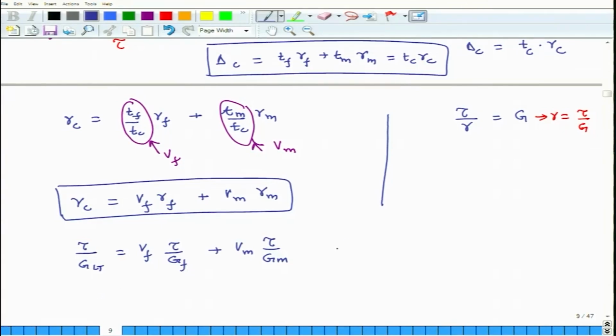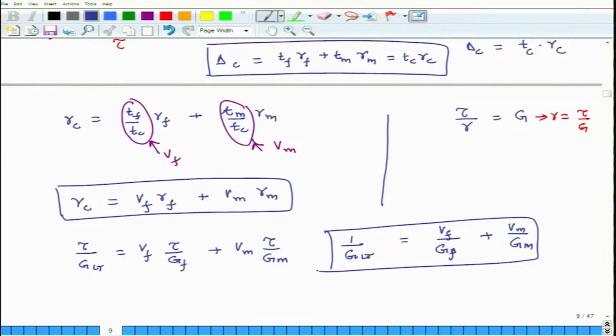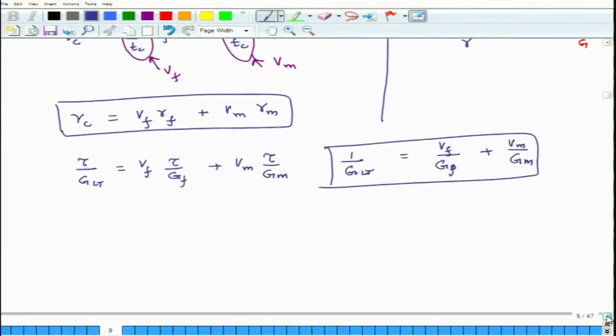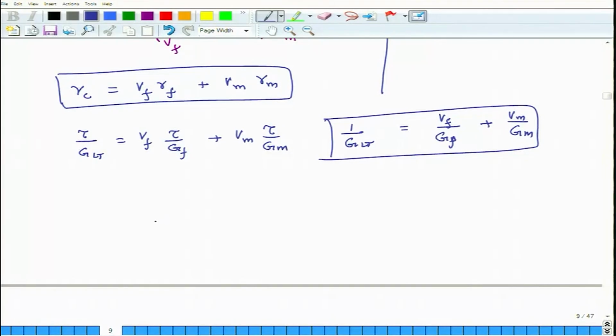So, 1 over GLT equals Vf over Gf plus Vm over Gm. Or I can also finally write it as GLT equals Gf Gm divided by Gm Vf plus Gf Vm.